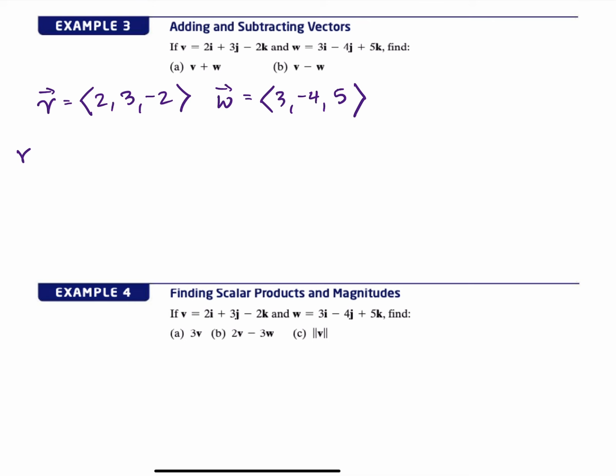So let's find v plus w. We'll just add our components. So that will be 2 plus 3, which is 5, 3 minus 4, which is negative 1, and negative 2 plus 5, which will be positive 3. So that would be 5i minus 1j plus 3k.